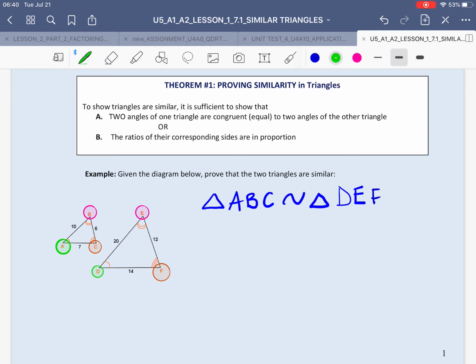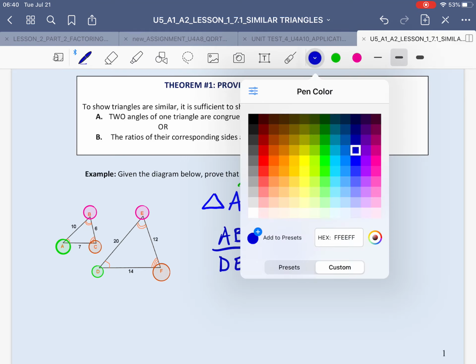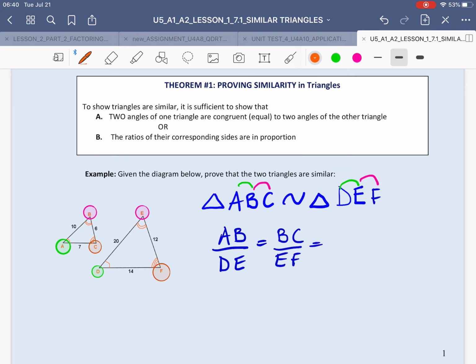So we go AB over DE, so the sides that are formed by connecting the two angles that are equal to each other, must equal BC over EF, and then must equal, the last one will be AC and DF.